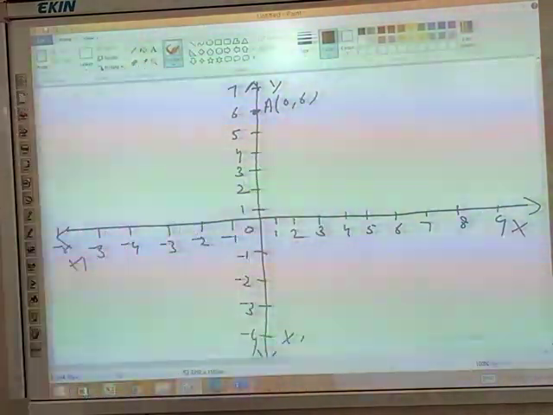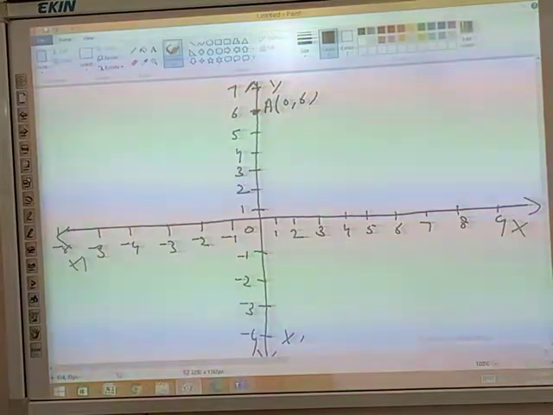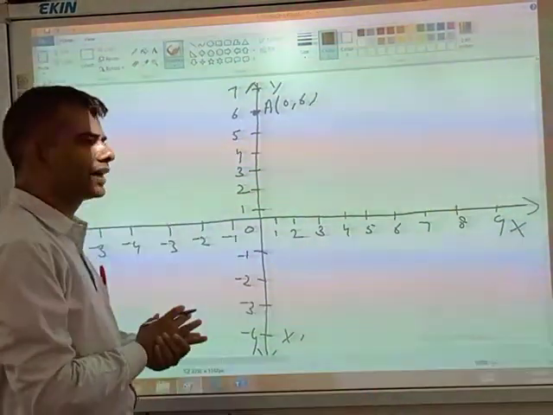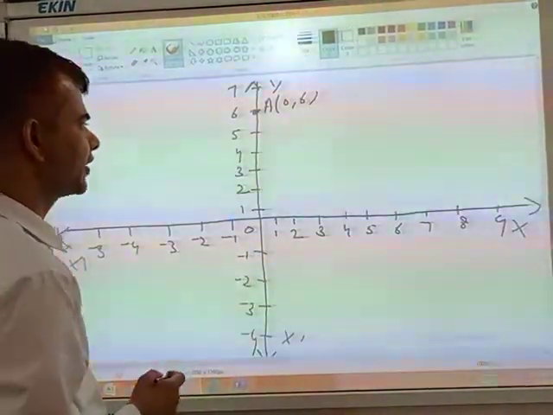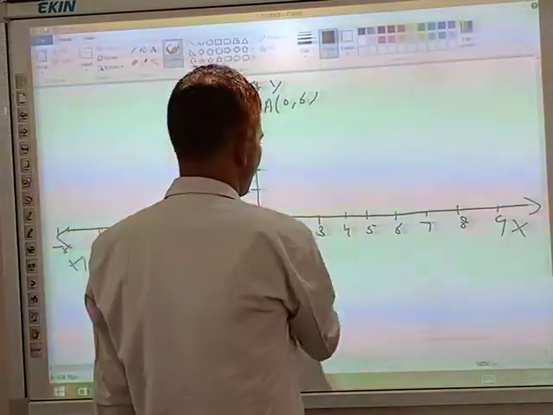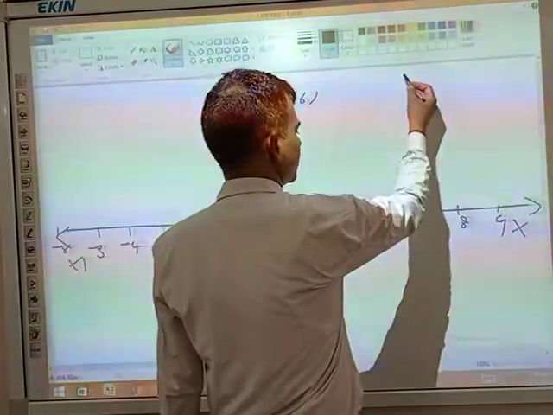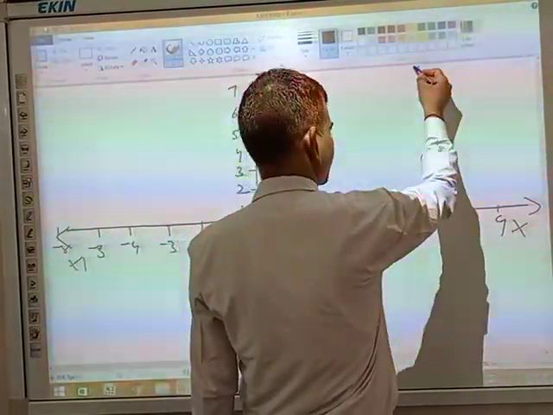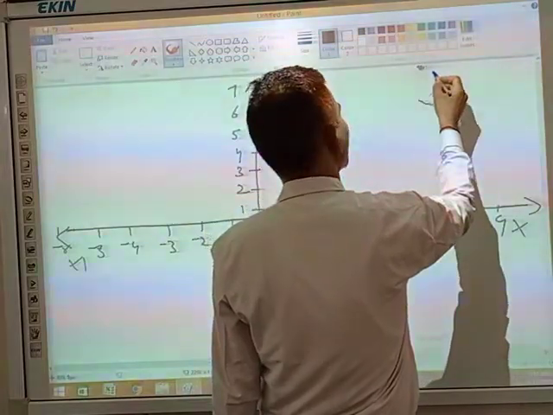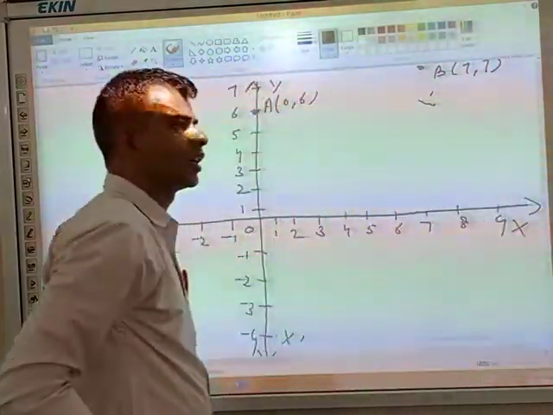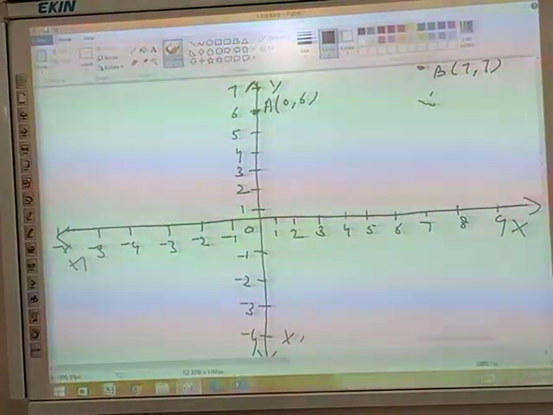Now students, the next point is (7, 7): x is 7, y is 7, both coordinates are positive, so it is in the first quadrant. That is your point B. Now students, next is C: (-7, 5).